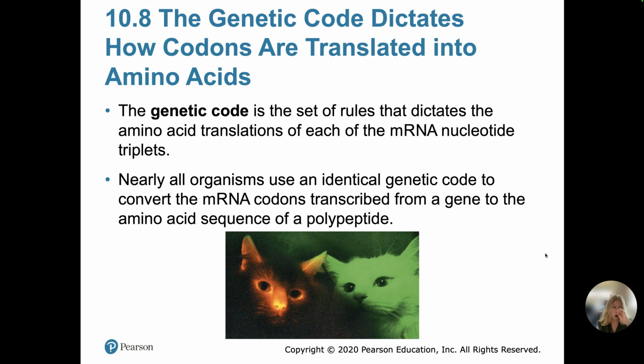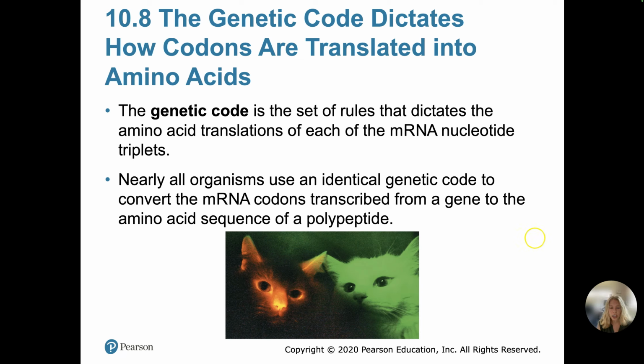Nearly all organisms, from the smallest bacteria to large complex animals such as elephants and giant sequoia trees, use an identical genetic code to convert the mRNA codons transcribed from a gene to the amino acid sequence of a polypeptide. This implies that the genetic code evolved a long time ago in the history of life, because all modern life uses the same genetic code. So an early ancestor then passed this trait onto all the different branches on the tree of life.